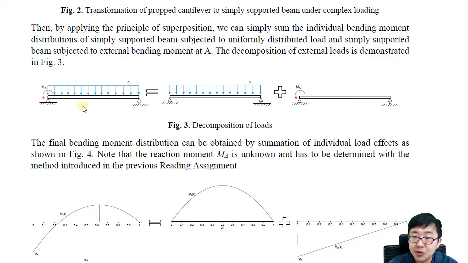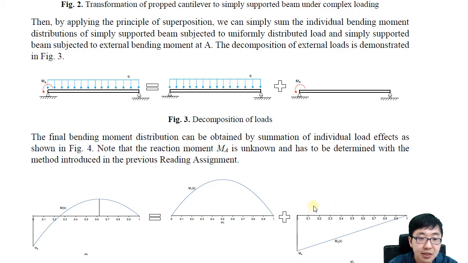So once you try to get this answer, you could understand that from here the simply supported beam, we have covered this one in reading assignment 17 if I'm not mistaken, so that we could get the moment distribution like this. And if you apply the moment A at point A, then the moment distribution should be like this. So add 1 and 2 so that you can get this one. This will be the final answer.